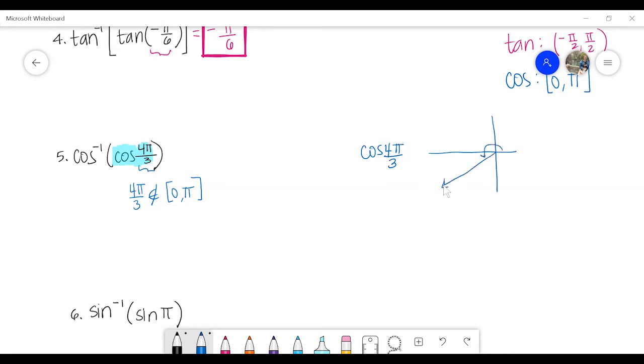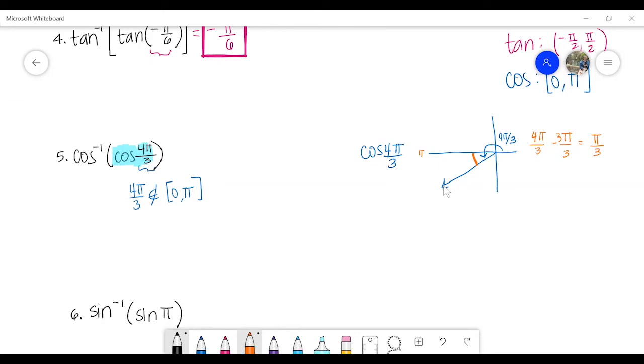So this angle here is 4pi/3. We're going to spend some time looking at this reference angle. If this is pi and that's 4pi/3, we say 4pi/3 minus pi, which is 3pi/3. So our reference angle is pi/3.